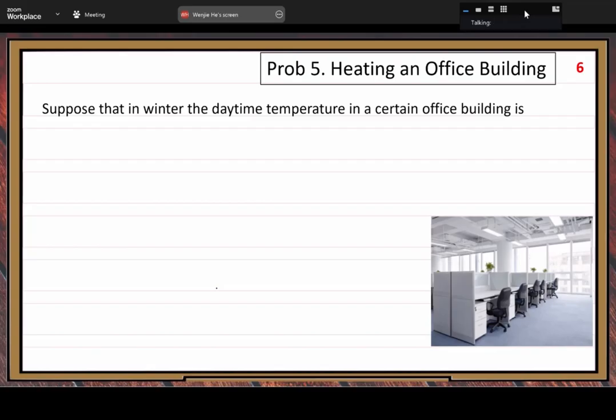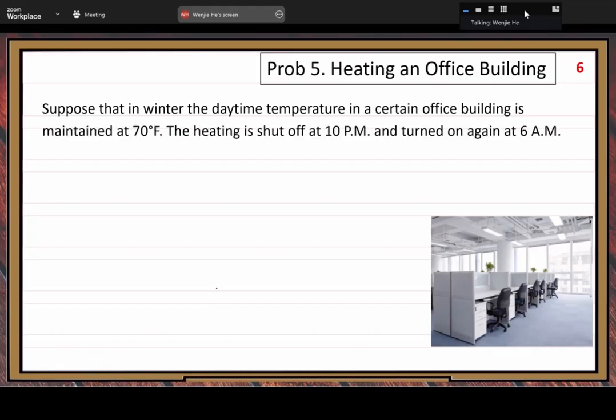Suppose that in winter, the daytime temperature in a certain office building is maintained at 70 degrees Fahrenheit.